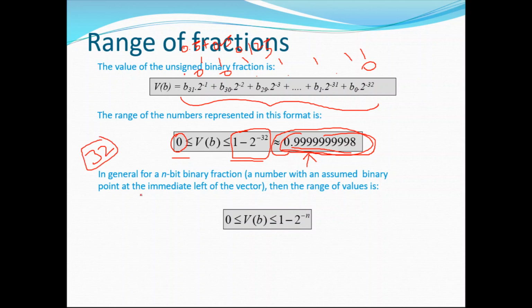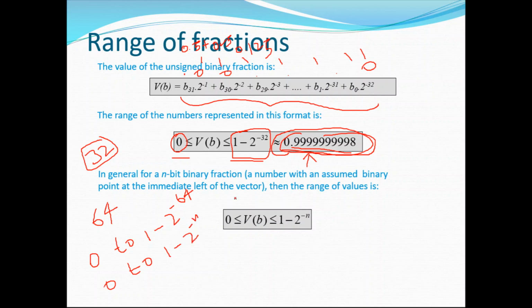So what is the range that can be represented with 64 bits? That is between 0 and 1 minus 2 to the power minus 64. For n bits, it will be 0 to 1 minus 2 to the power minus n.